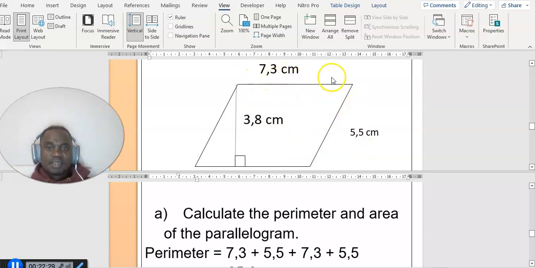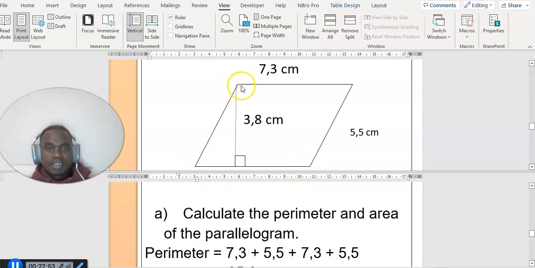So here is 7,3. What will be here? 7,3. But this side is 5,5. What will be this side? 5,5. So the perimeter is going to be this 7,3 plus 5,5 plus this side we said is also 7,3.